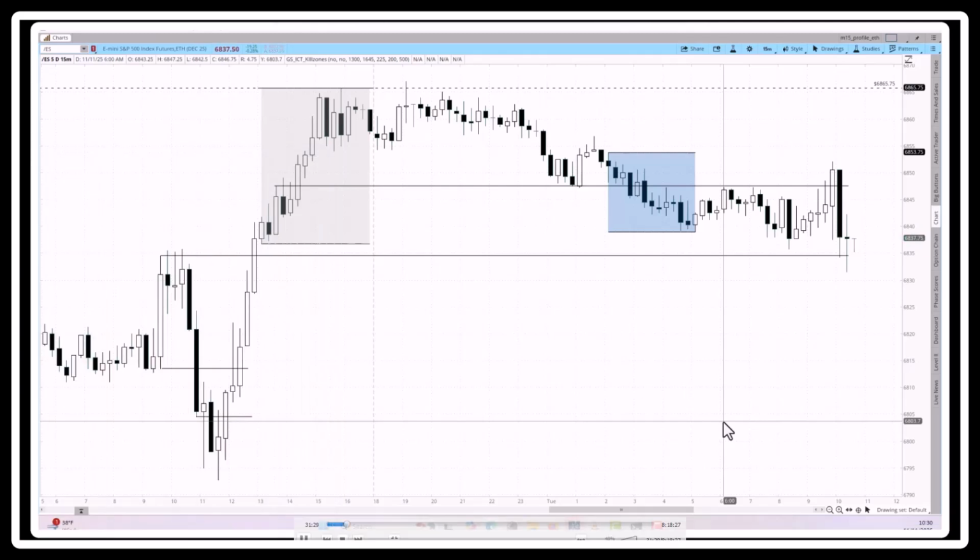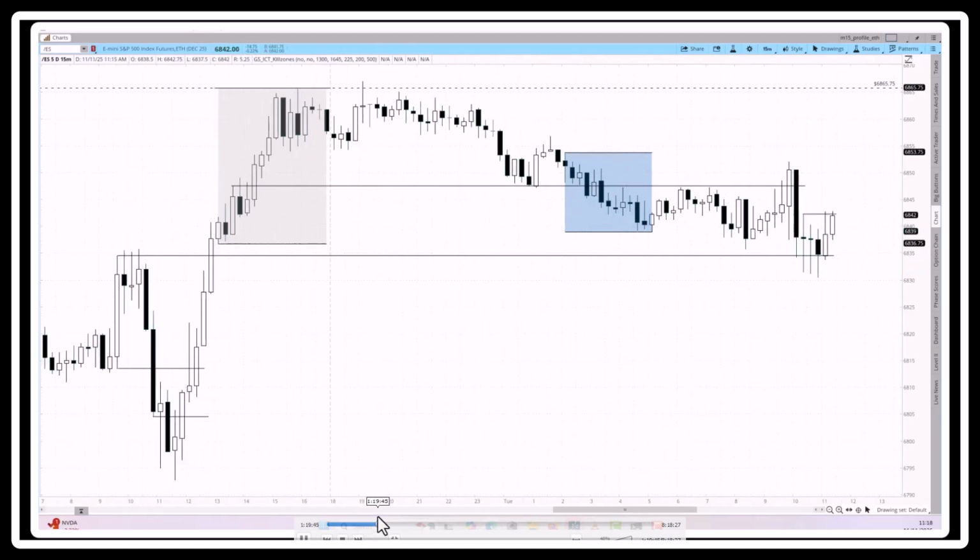By the way, we did take a trade on Tuesday. I think that's where we took the trade right here. So basically the idea is the candle after expansion tests from below and you're going to reverse.